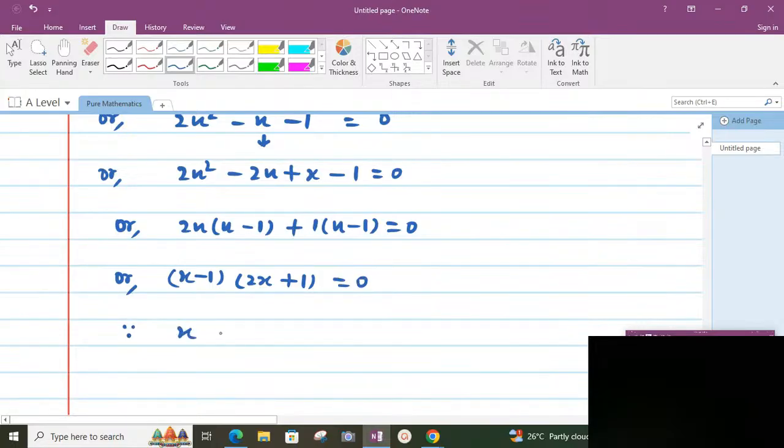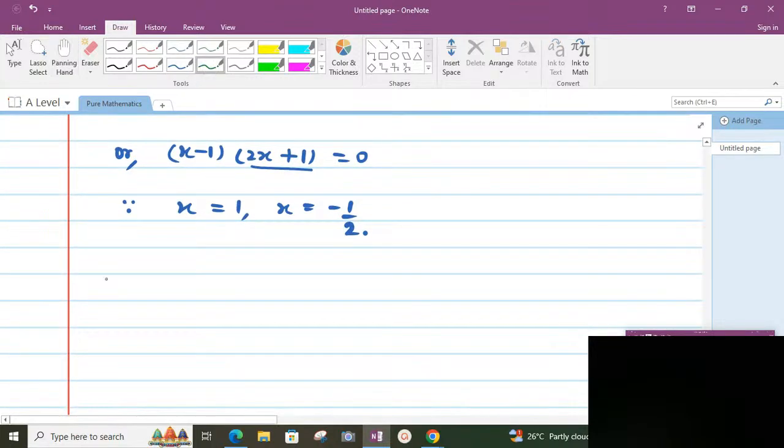Therefore, here will be x equal to 1, and from this one x equal to minus 1 by 2. So the required solution will be 1 and minus 1 by 2. This one will be the answer.